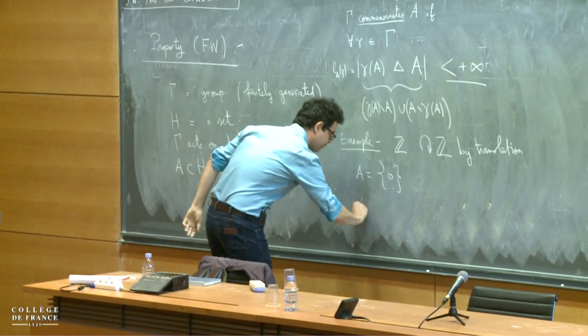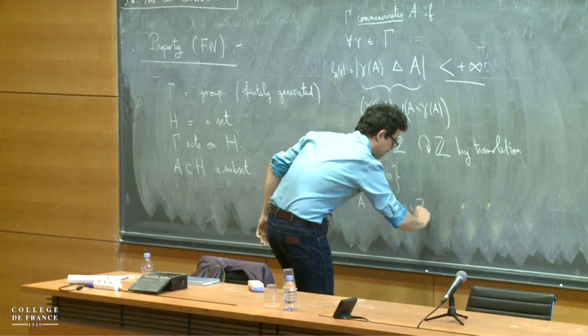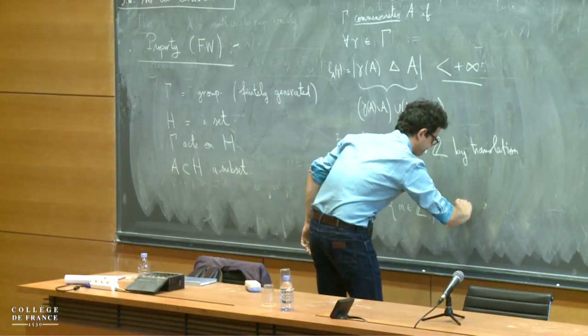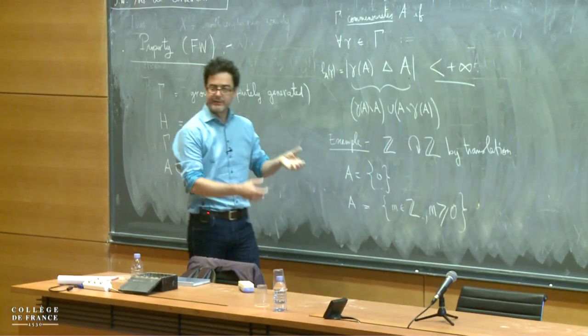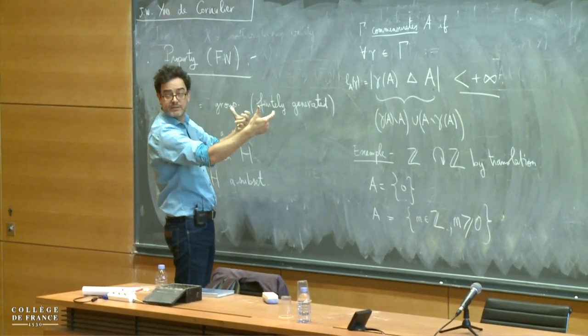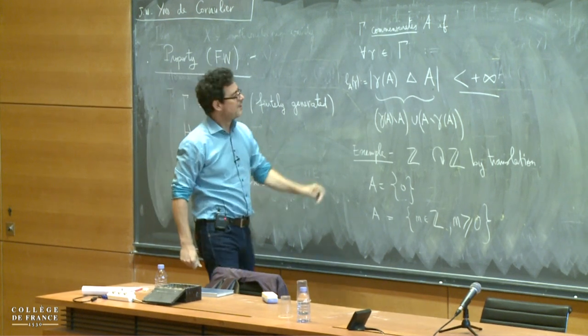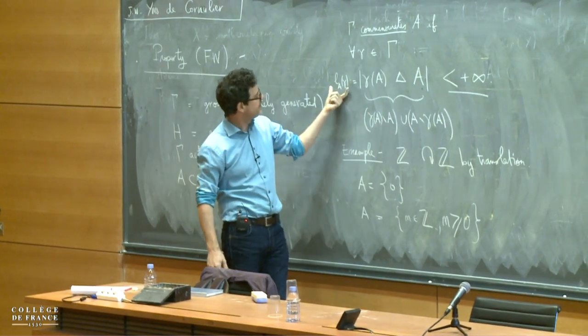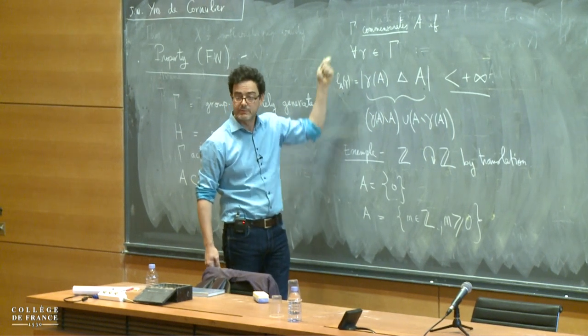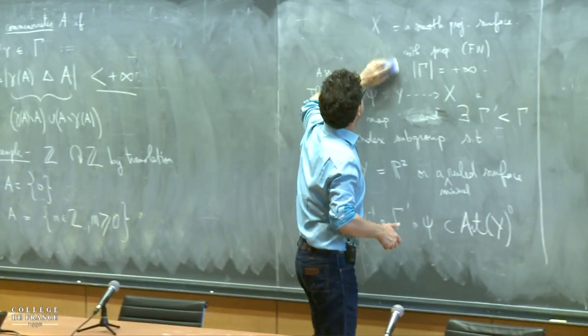Or you can take A to be the set of positive integers. You see, if you take half the integers and you translate, then the symmetric difference is just finite. But of course, this difference depends on gamma. It's not uniform on gamma. So that's the definition of commensurating.